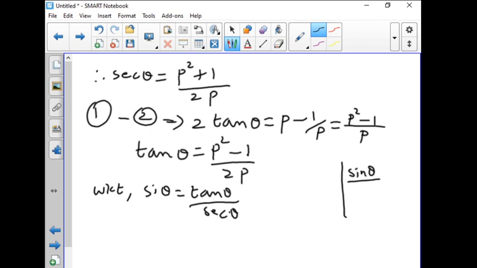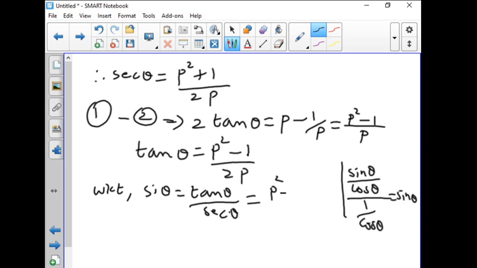Sin theta by cos theta by secant theta. Secant theta is 1 by cos theta, so cos gets cancelled. What do we get? Sin theta. So we are writing sin theta as tan theta by secant theta. But what is tan theta?